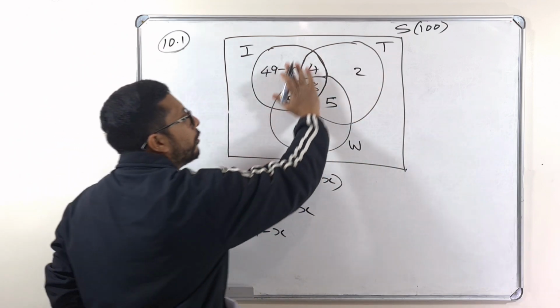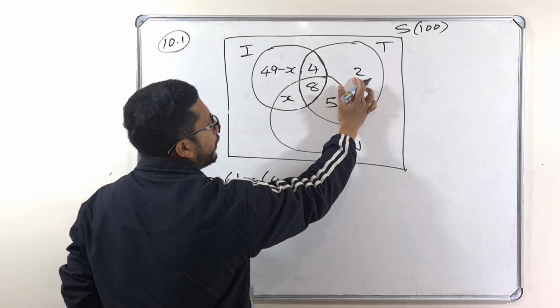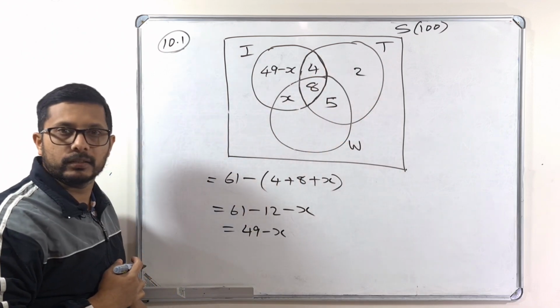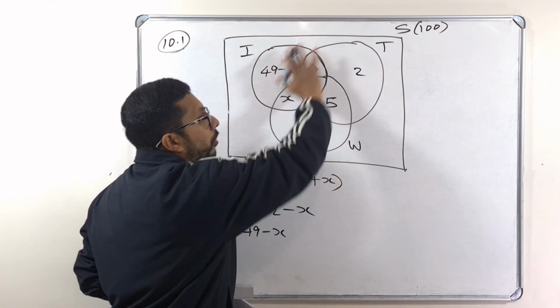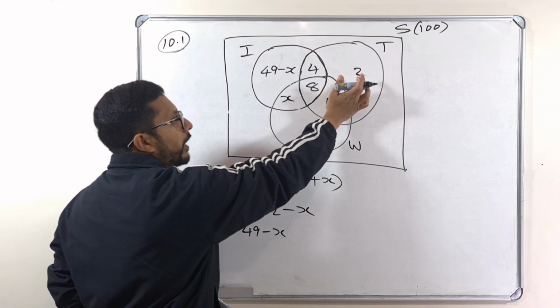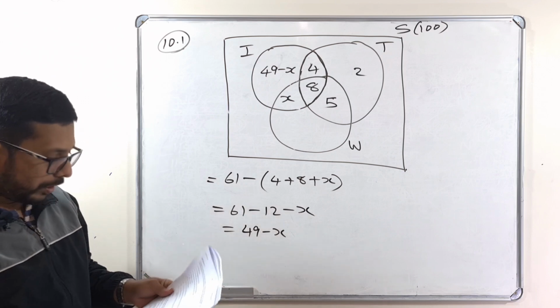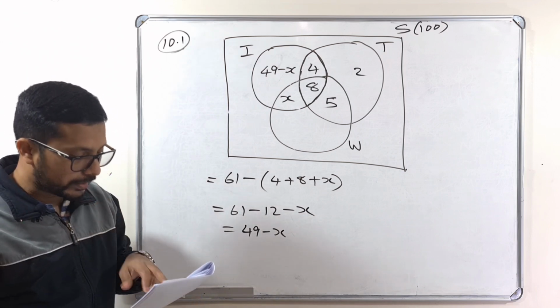Then look at this Twitter circle. 8 plus 2 is 10, 10 plus 4 is 14, 14 plus 5 is 19. Okay, so don't write 19 here immediately, it is wrong. The whole of that circle is 19. So the remaining is 19 minus the sum of these, that is 2. Okay, now the second last bullet.